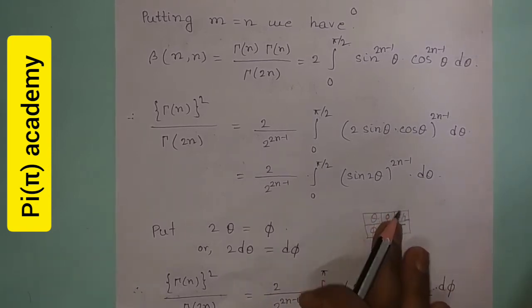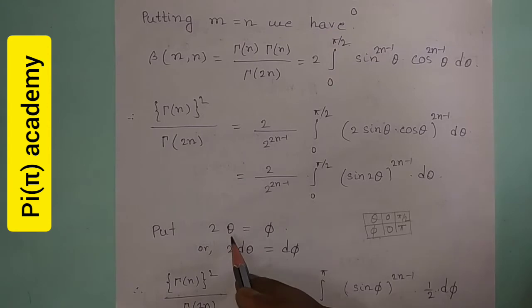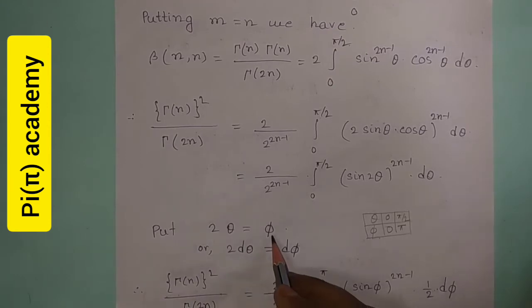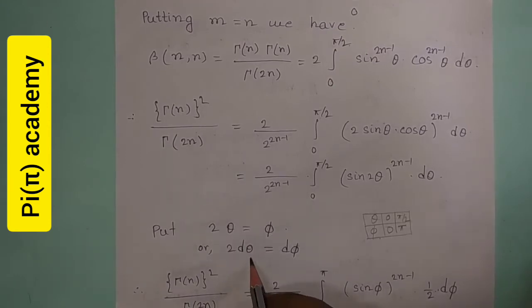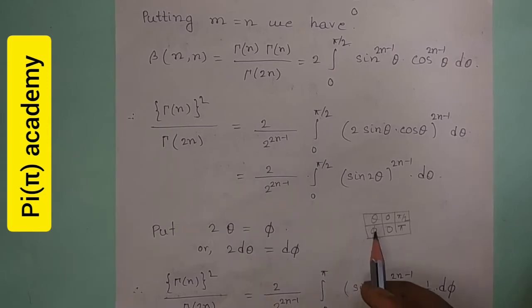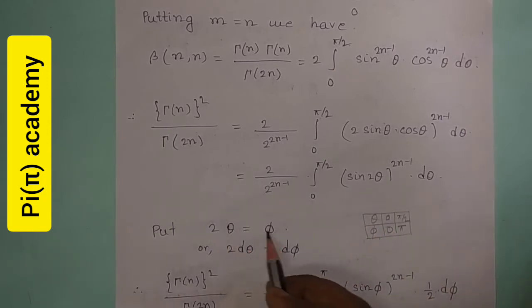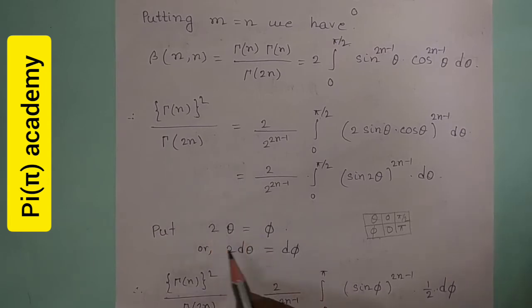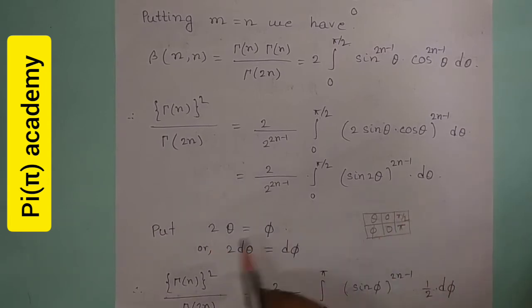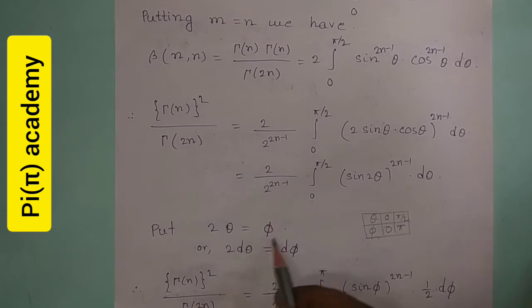Now I put 2 theta equal to phi. Therefore 2 into d theta equal to d phi. When theta equal to 0, phi is also 0. And when theta equal to pi by 2, phi is pi.